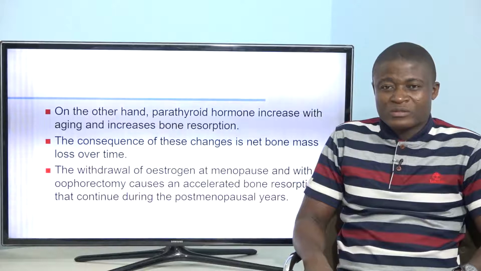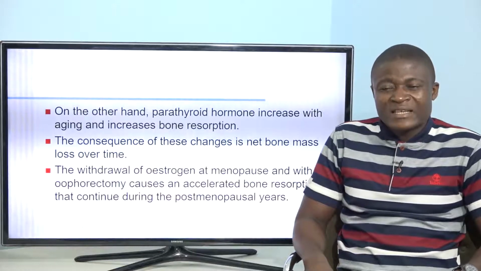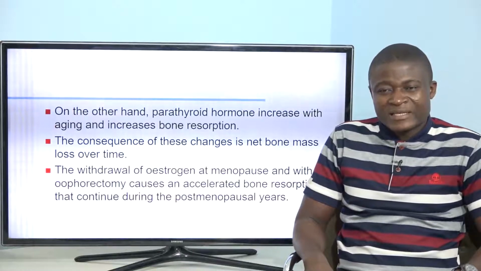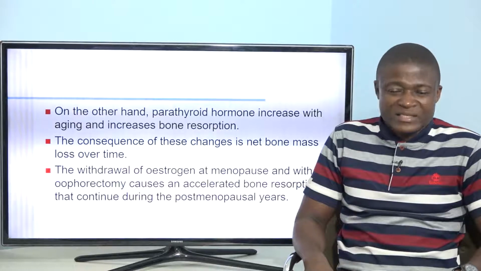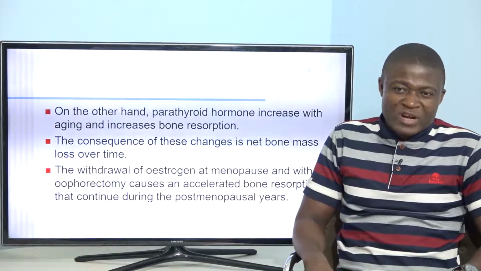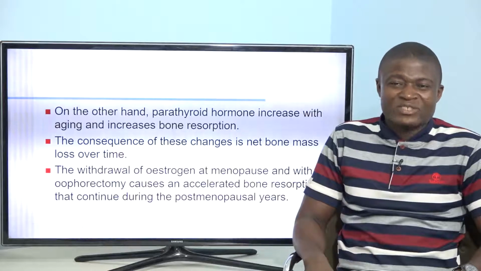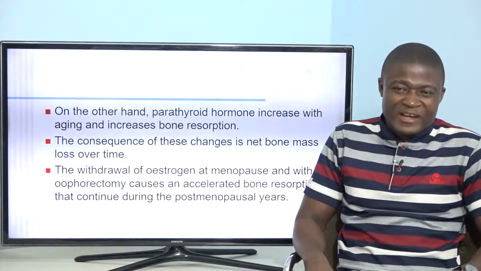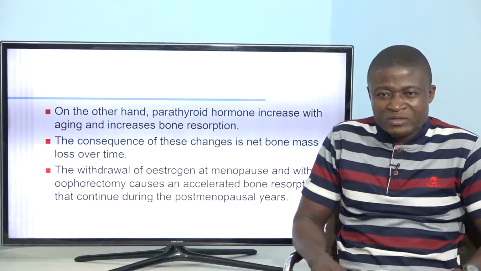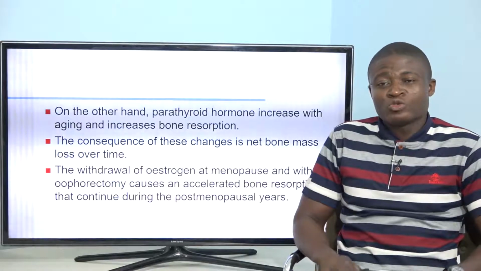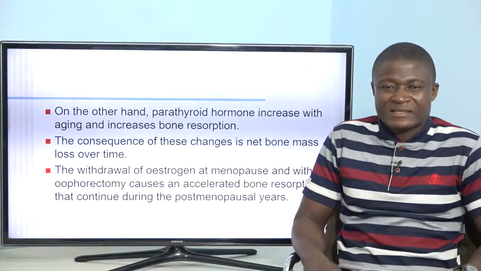Because parathyroid hormone is now increasing, and it is the one that will make sure the bone doesn't increase in size, and the two other hormones that help bone to increase in size start to decrease from the age of 35, this phenomenon causes the bone to begin to lose its mass.